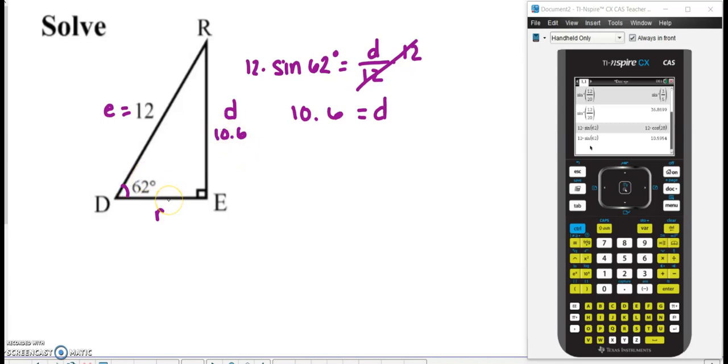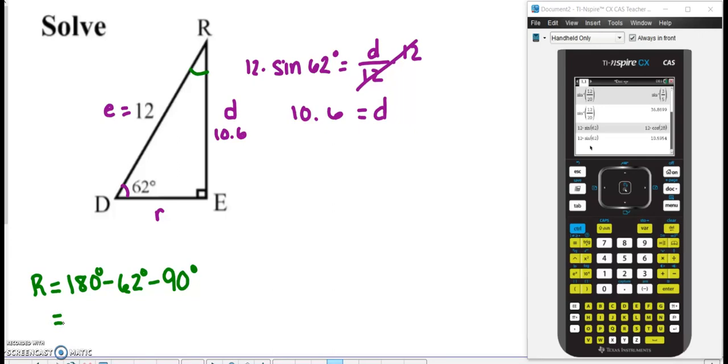Another way to do that is to come up with this angle here, because to completely solve the triangle, we need to know each piece. So if we're looking for angle R, it is going to be equal to 180, that's a total triangle, minus 62, these are all in degrees, minus this one here, which is 90 degrees.